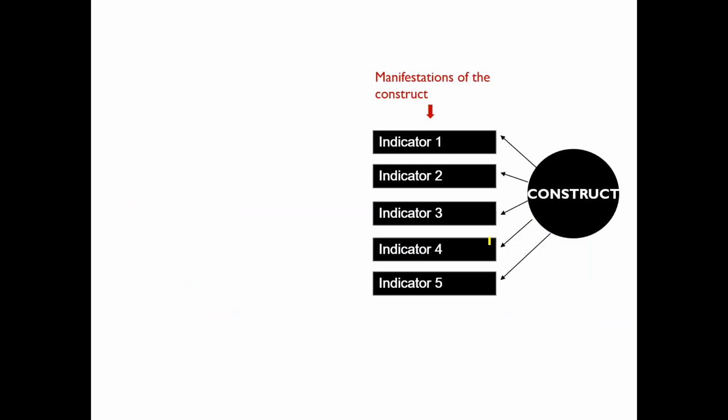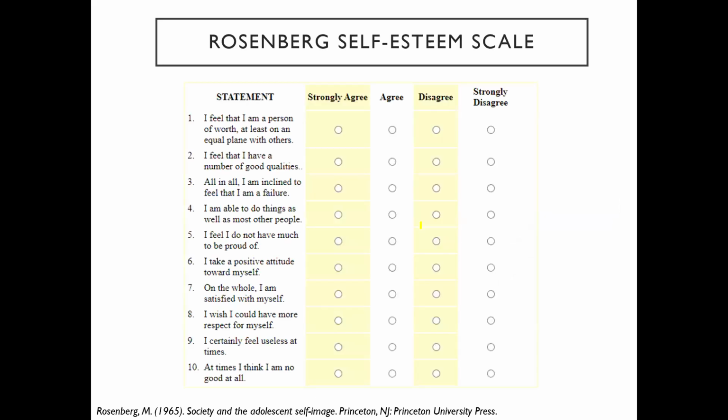So basically, when we develop a scale, we have the construct, for example anxiety, and our scale includes several questions, items, or indicators. These are, as you just said, manifestations or signs of the construct. To be more practical, let's continue with the self-esteem scale.